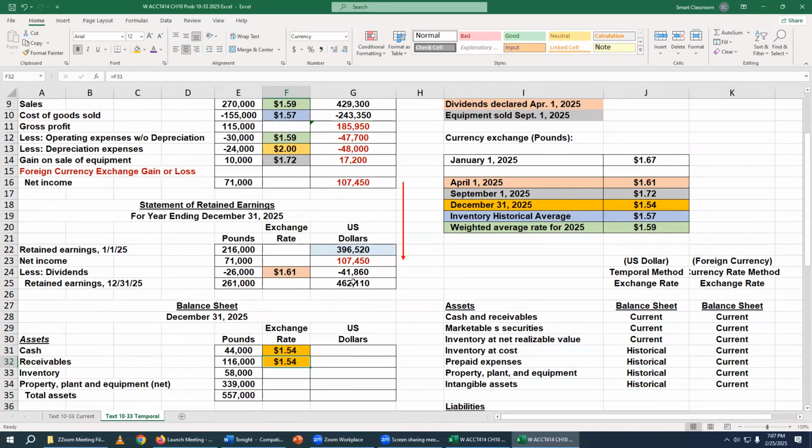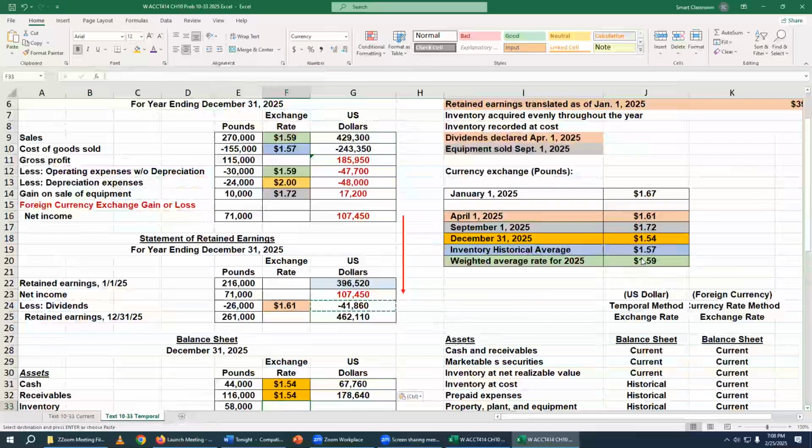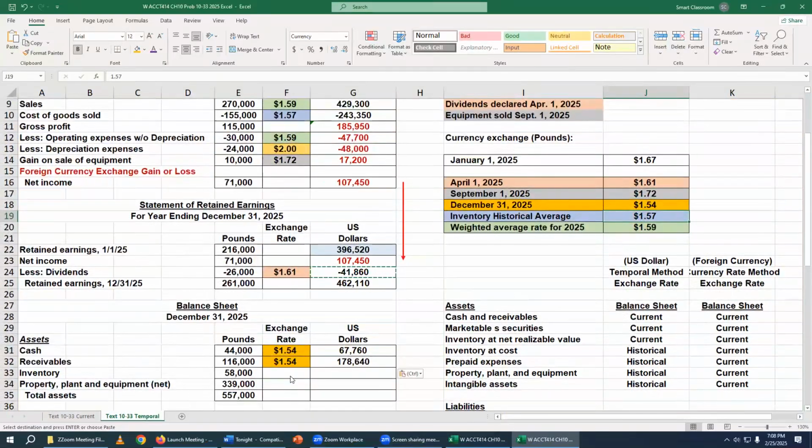All right, so we have, let's see here. Inventory is going to go in at the inventory historical cost.